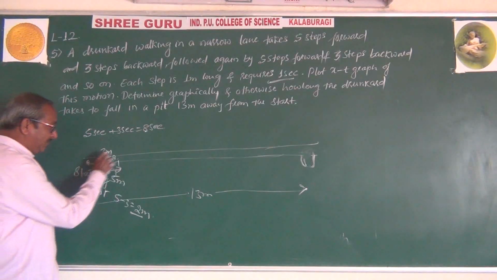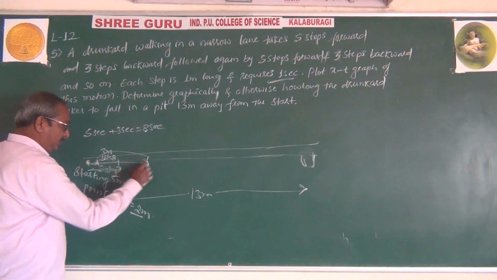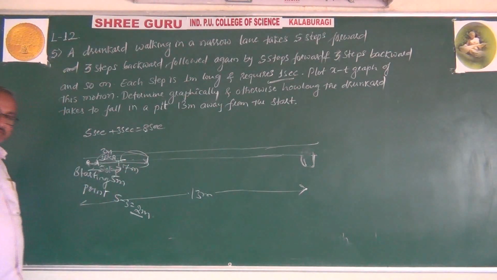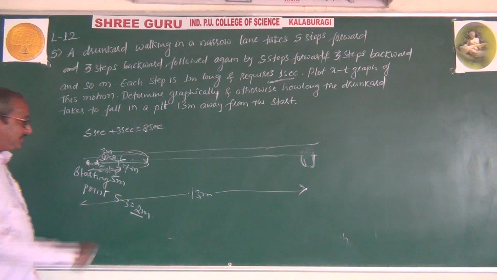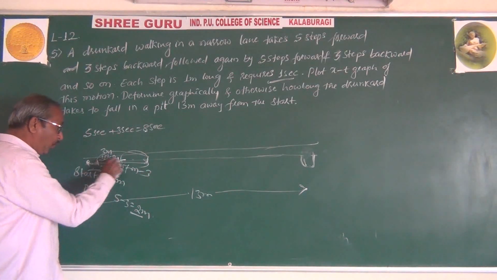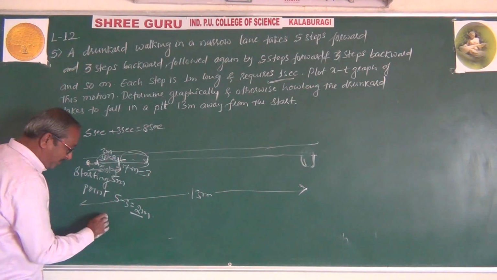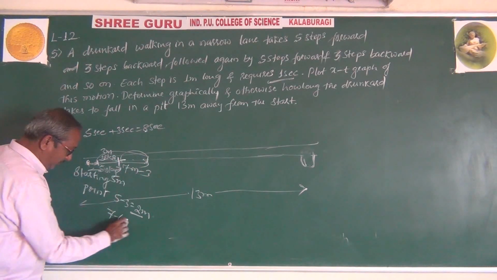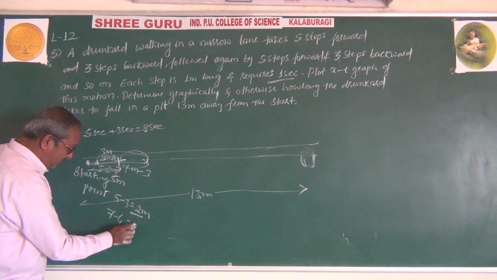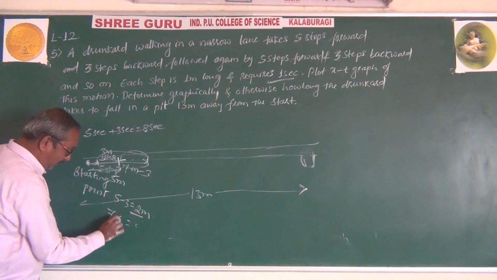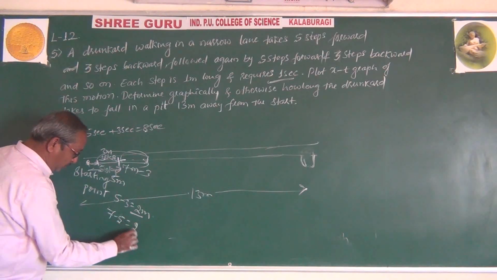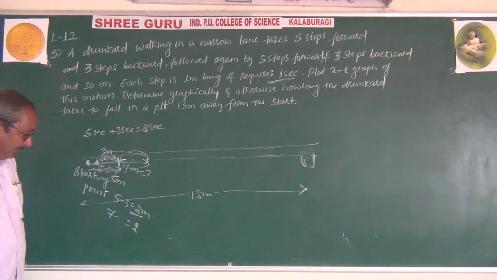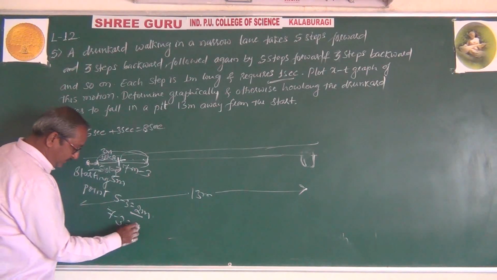Next, from 2 meters, 5 meters forward comes, so 2 plus 5 is 7 meters. Then from 7 he comes back 3, which is 4.